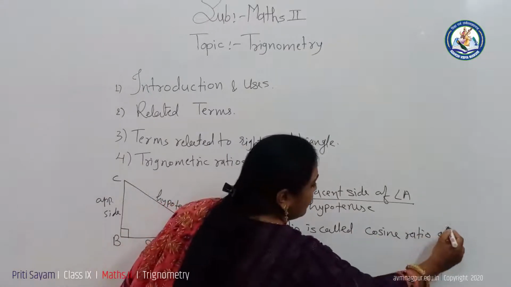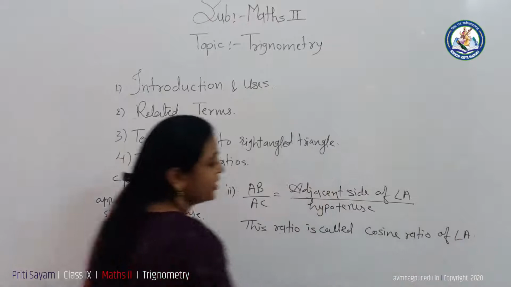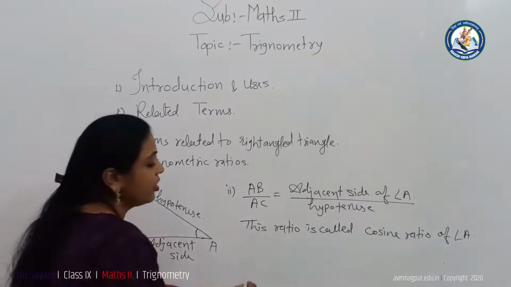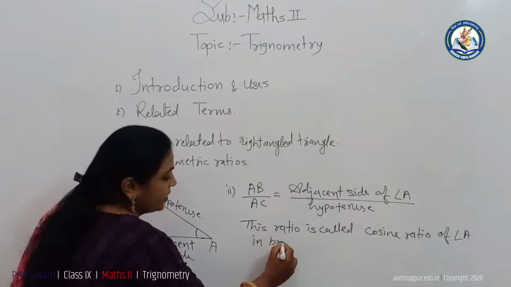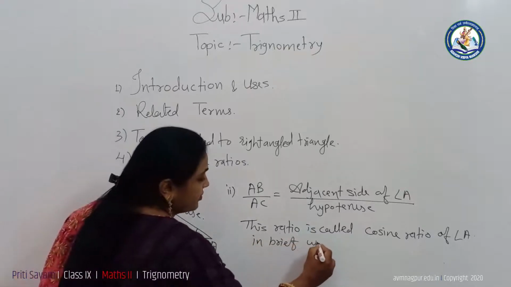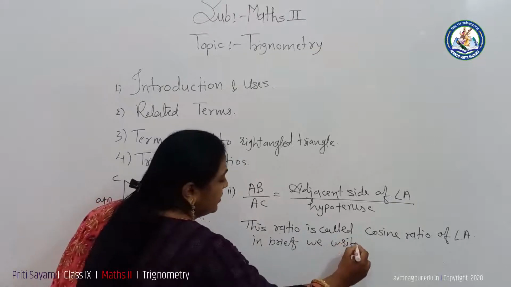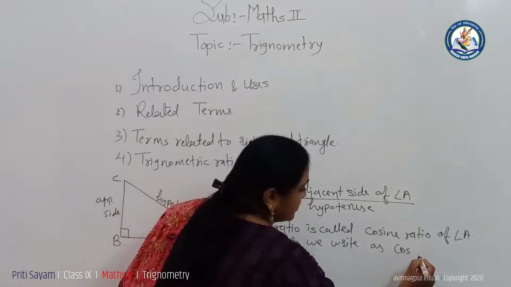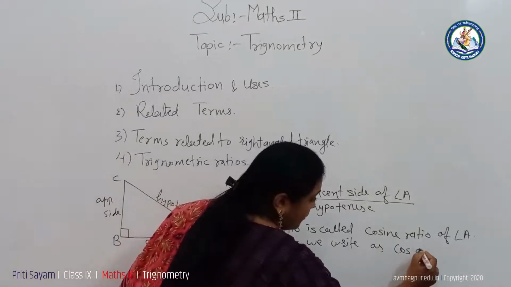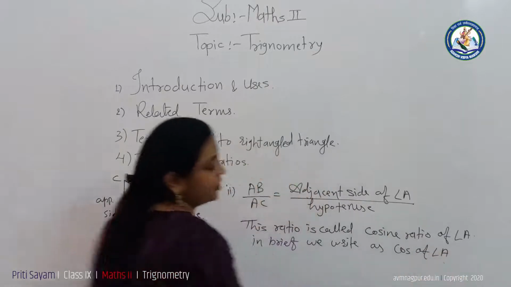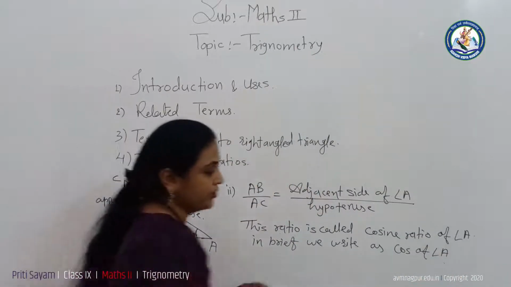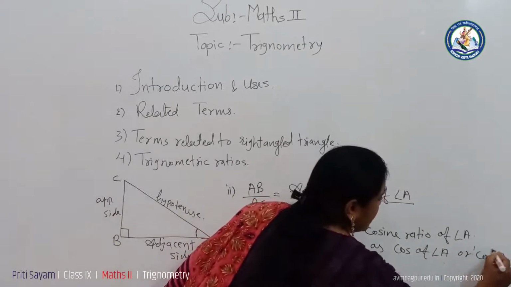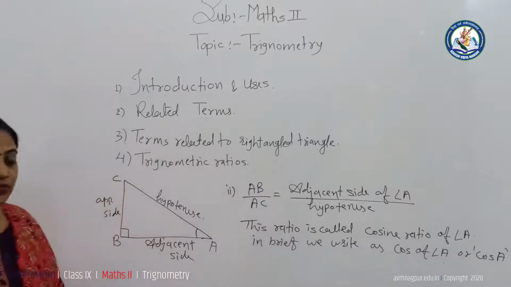Cosine ratio of angle A, because we are considering angle A. In brief we can write it as cos of angle A, or cos A. This is our second ratio.